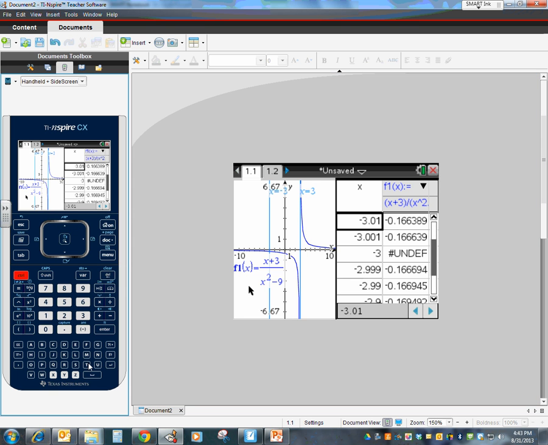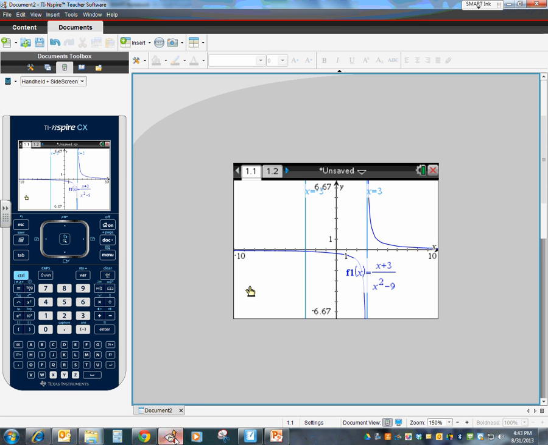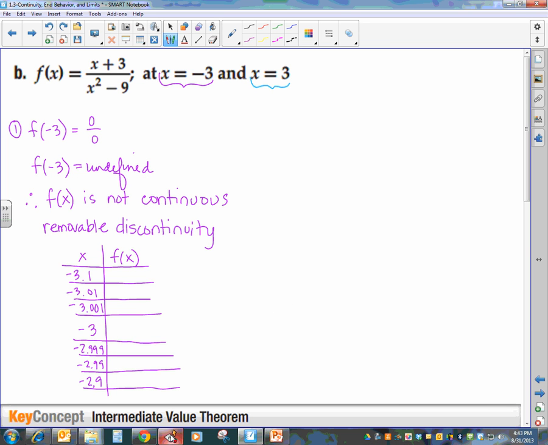So in the interest of time, I'm just going to say that we saw these numbers. This was negative 0.166, and this was negative 0.166, and they were both going to that number. Of course, this was undefined in our table.